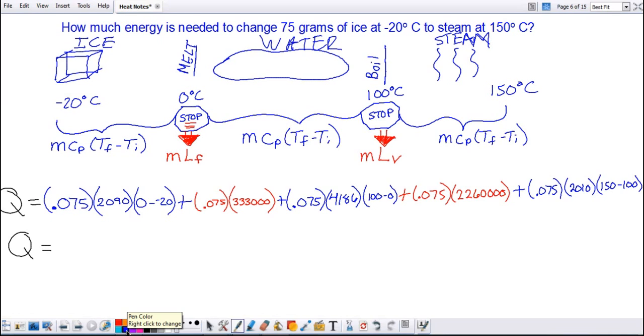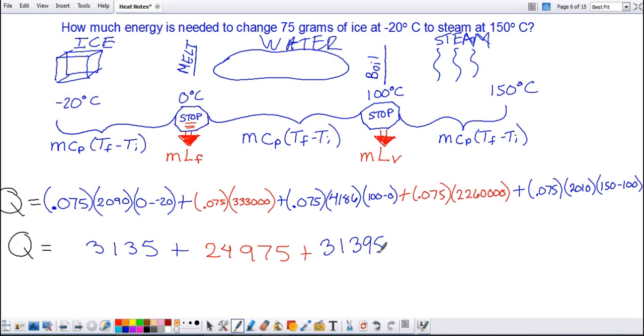Then we can go ahead and start simplifying here. So multiply all this together. We get 3,135, plus the second term, we're going to get 24,975, plus the third term, we're going to get 31,395, plus, from the latent heat of vaporization, we have 169,500 joules, plus, when we raised the temperature the last time, it takes 100,575 joules.